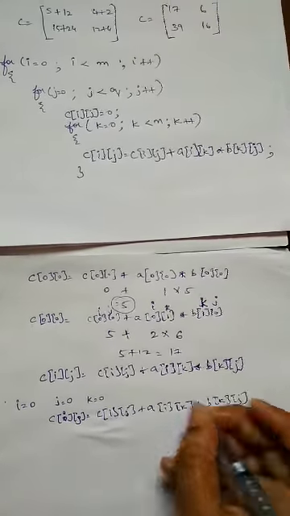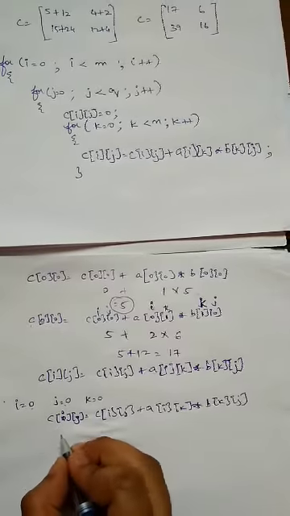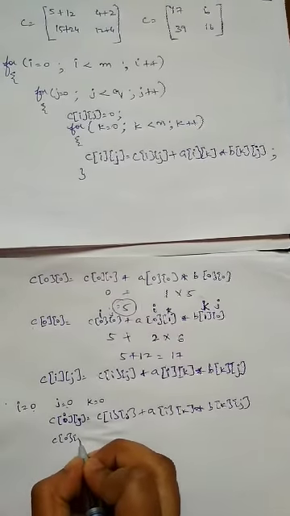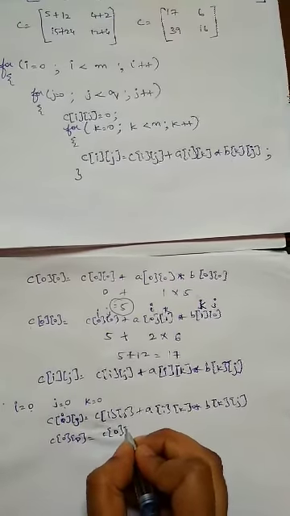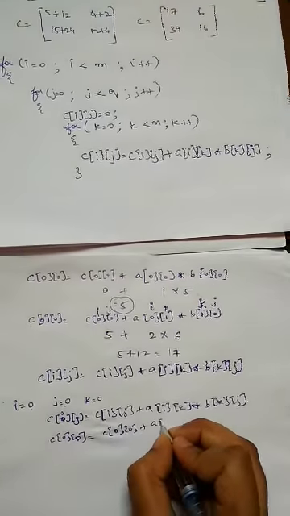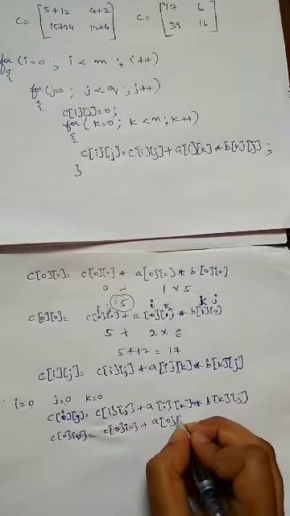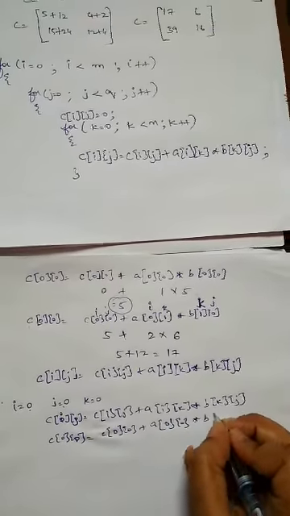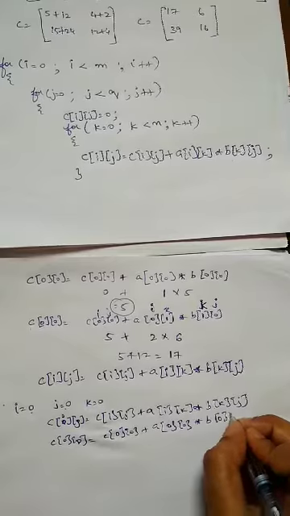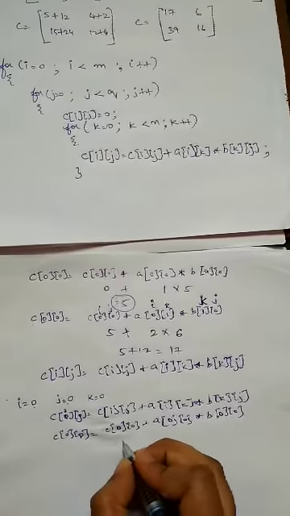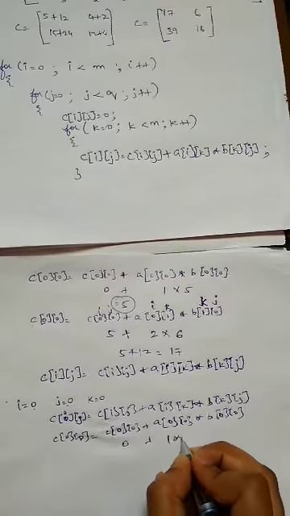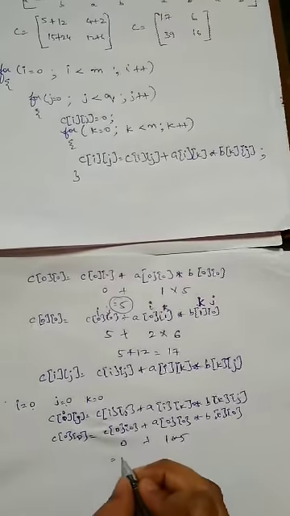Okay, so what is i and j? Index is 0 0, and then C of 0 0 plus A of i is 0 now, k is 0 now, B of k 0, j 0. So we are going to get 0 plus 1 into 5. So finally we get 5.